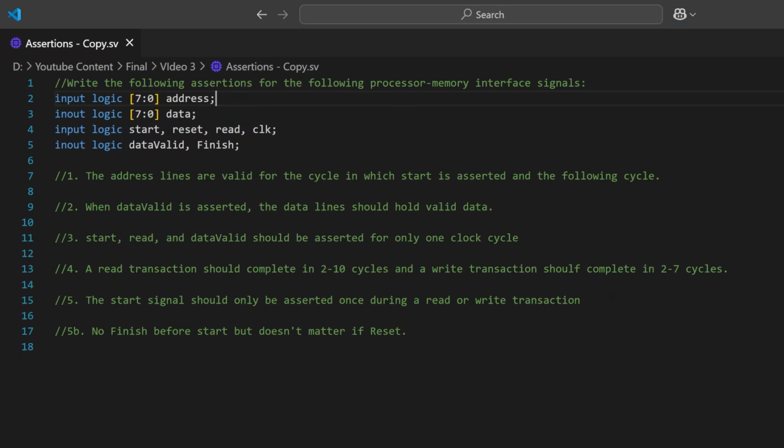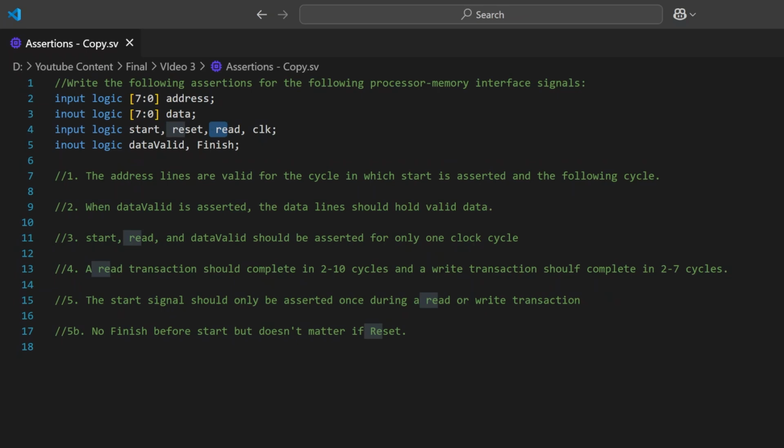So here we have an 8-bit address bus which takes input from the processor side, and here we have an 8-bit data bus which is bidirectional for both the read and write operations. And here we have some 1-bit input signals from the processor. So when start is asserted during the start of a transaction, and in the very next cycle the read is asserted, if it is deasserted then it is a write transaction, if it is asserted then it's a read transaction.